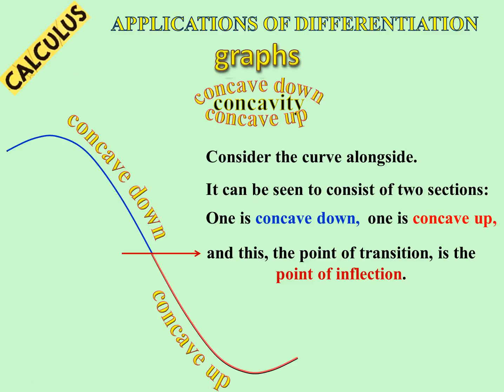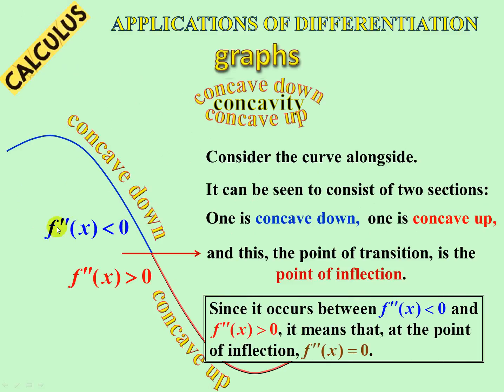Now notice concave down means second derivative negative. Concave up means second derivative positive. And second derivative is 0. It's occurring between negative and positive, which means there's only one number that occurs between negative and positive, and that's 0. So that means second derivative is 0.